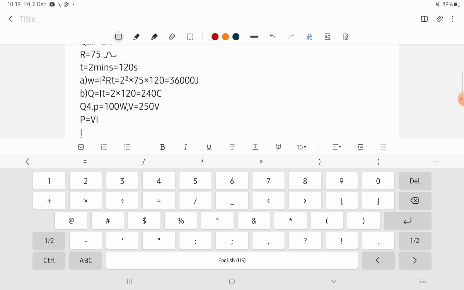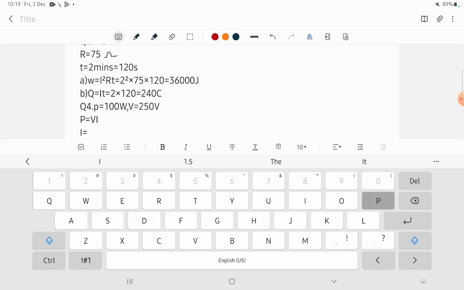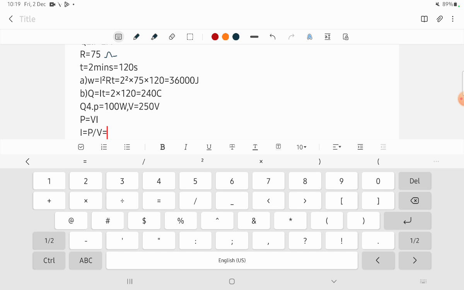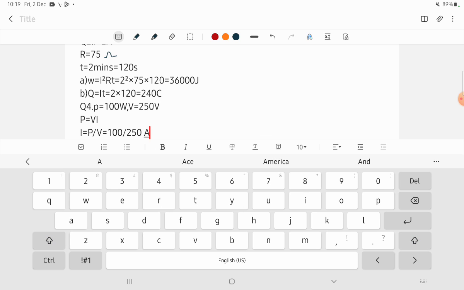So I equals P by V, that is equal to 100 by 250. The answer will be in ampere. It is 0.4 ampere.